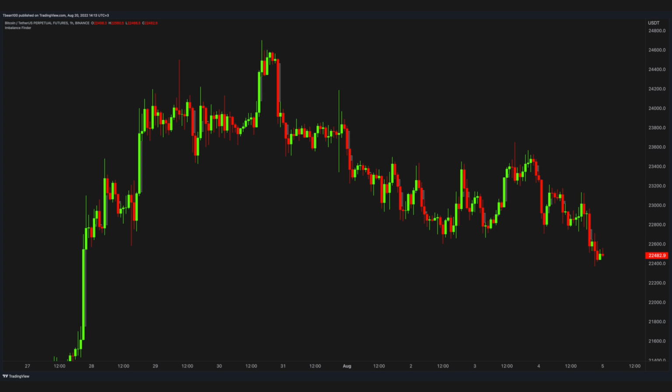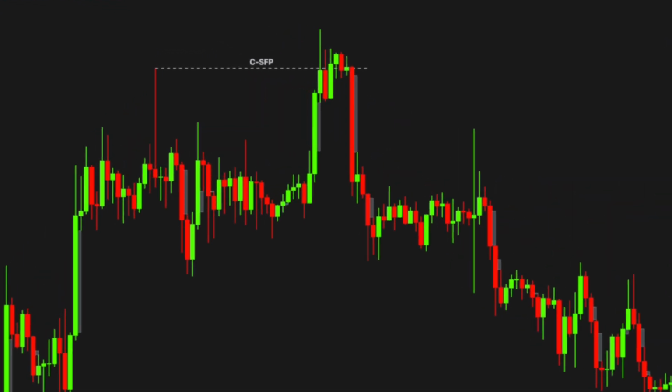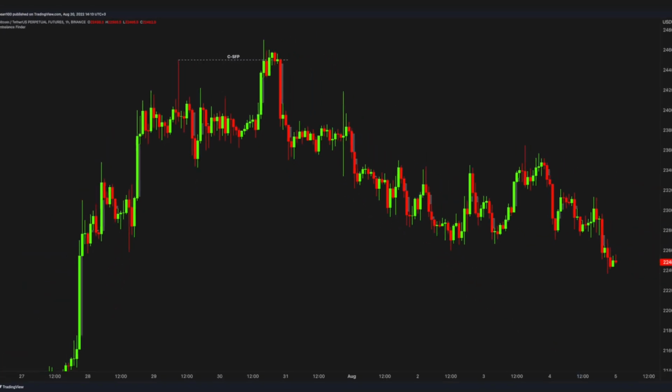What I see here is a considerable swing failure pattern. Price came here, barely closing above, then suddenly drops. These sudden drops make me believe this is a form of a stop loss hunt and another form of a swing failure pattern. Whatever you call it, this is a price weakness.